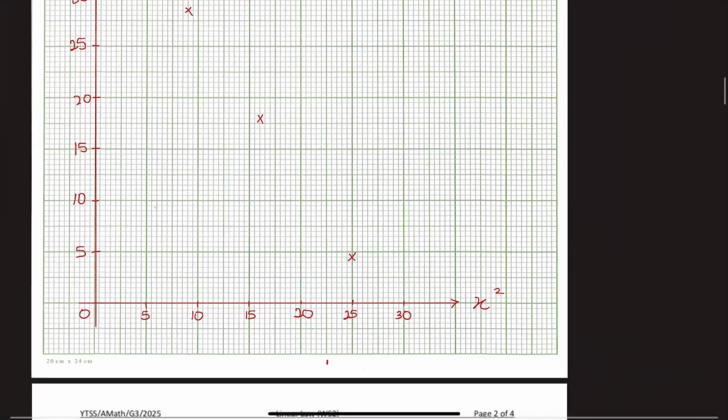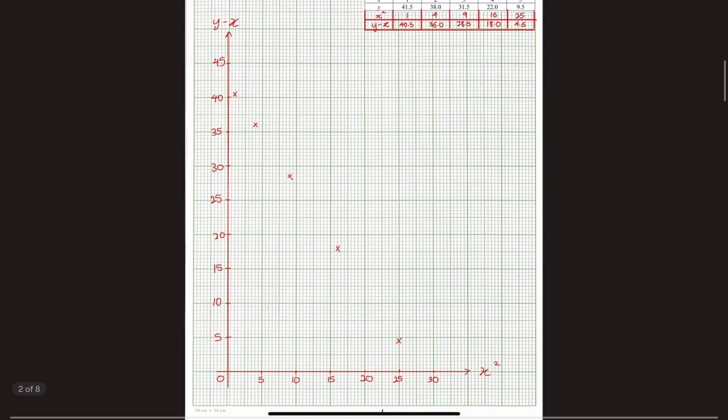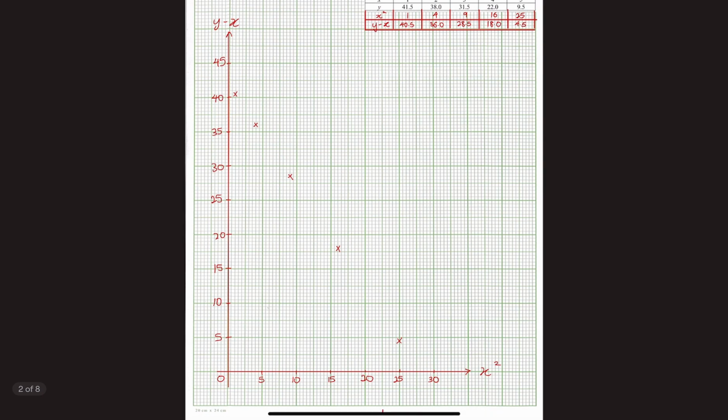Okay. So once I've done plotting out all my points, my next step is to therefore draw a straight line, a best fit straight line that can pass through all the points. Take note here, this line that you draw should be a best fit line that can cut through all your points where possible. Okay, so based on my graph here, I think my best fit line will look something like this.